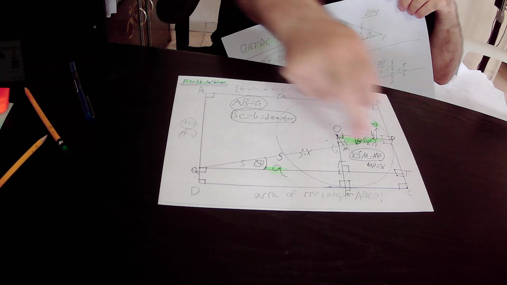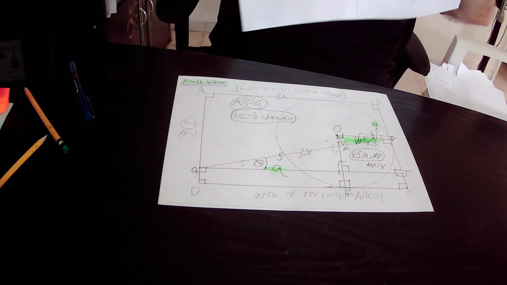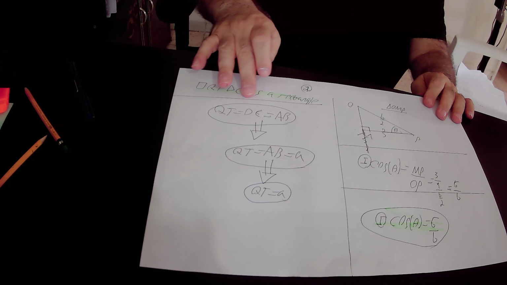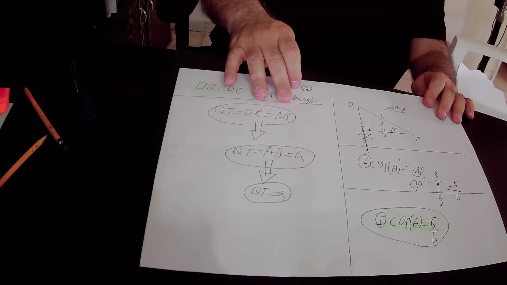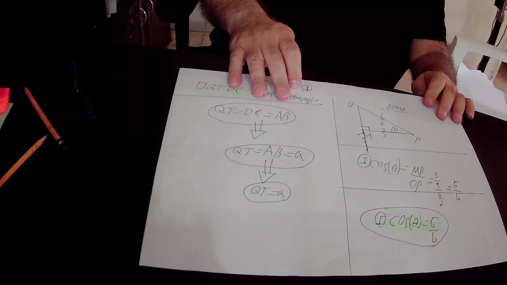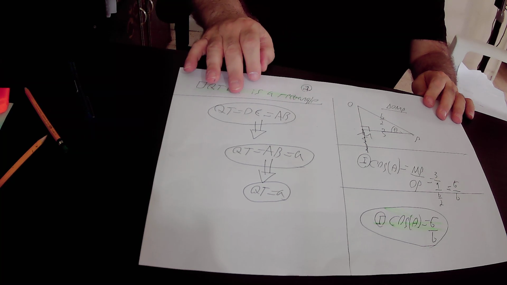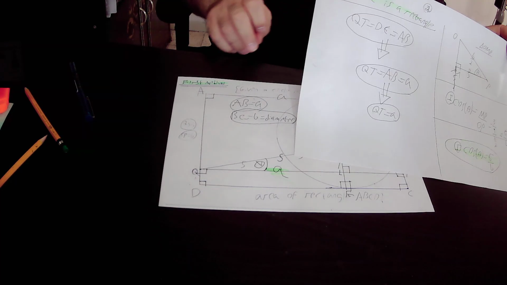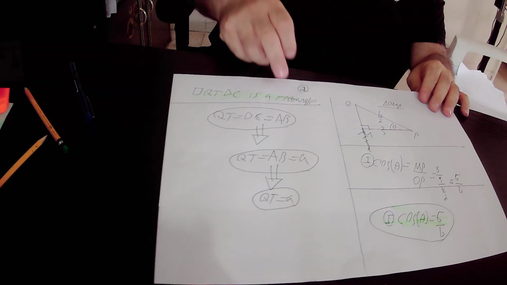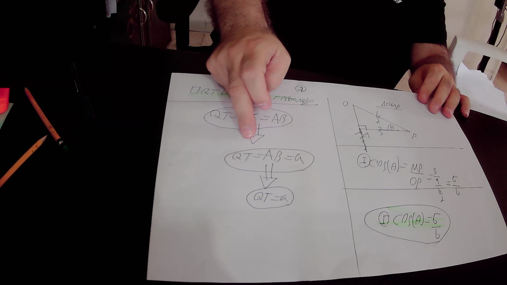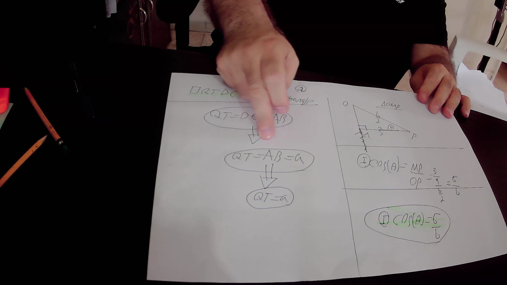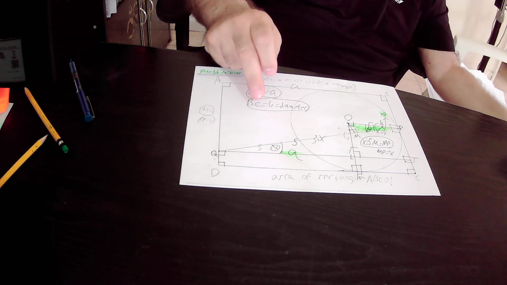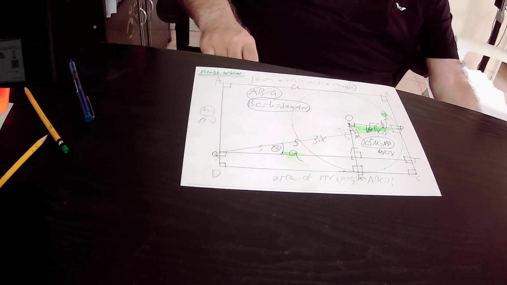That is to say, DC equals AB. From QT equals DC equals AB, we derive that QT is also equal to AB. But according to our definition, AB equals A. So QT equals AB equals A, and we derive that QT is also equal to A.